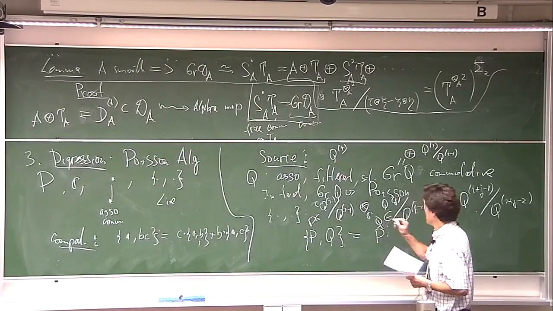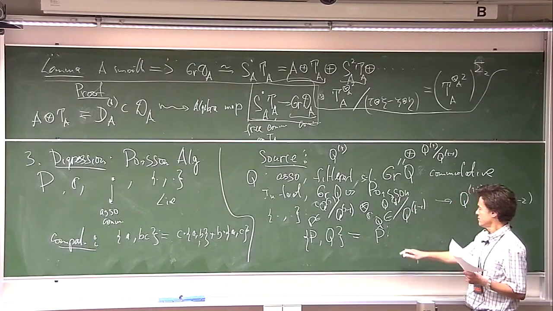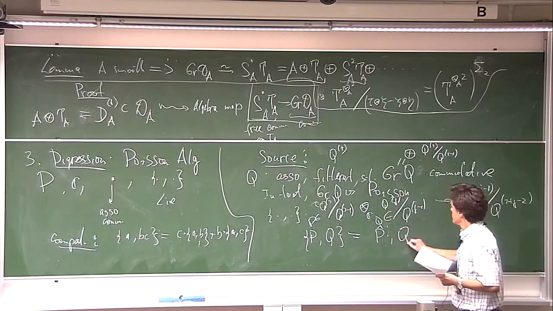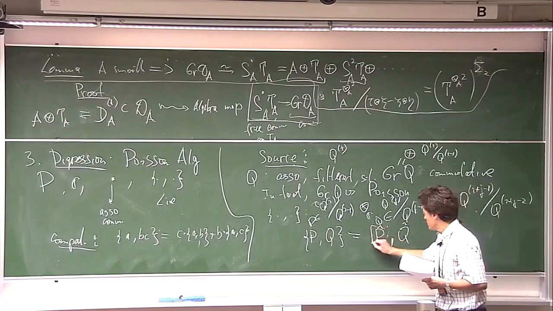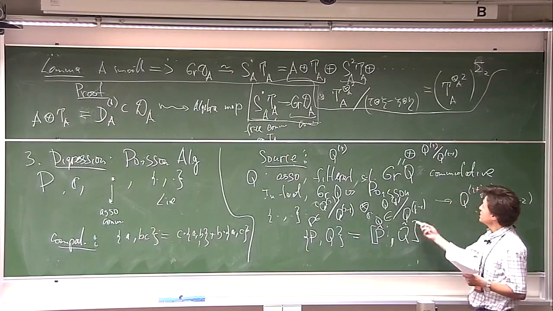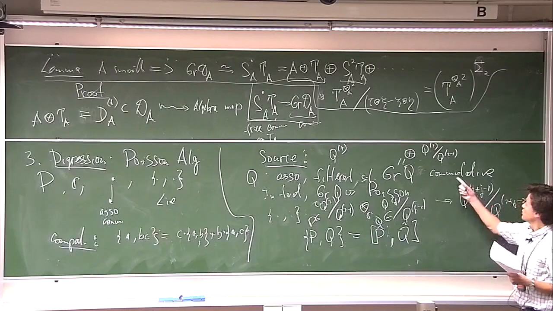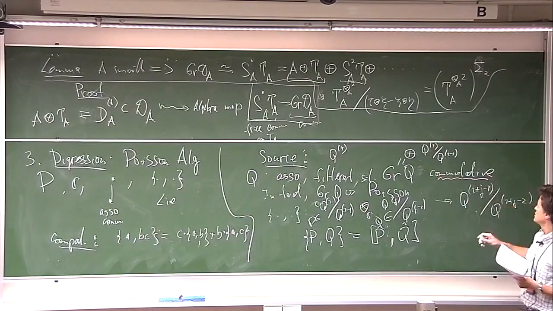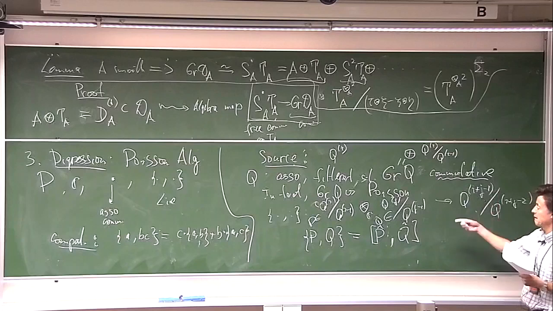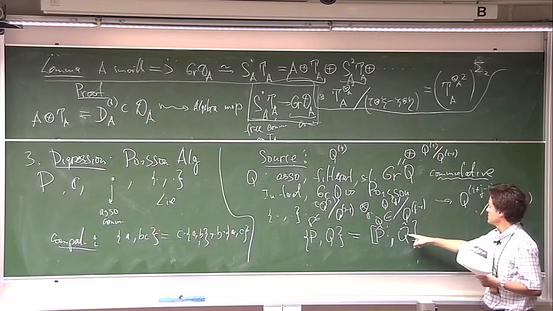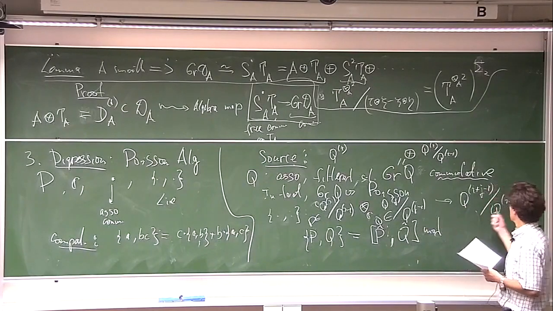I'll put a hat to signify this. Likewise q, and then I take the bracket. So on general grounds, it lands in the component i plus j. But we have the commutativity assumption, so it actually lands in this component. And that's that. So it's this element modulo the lower component.